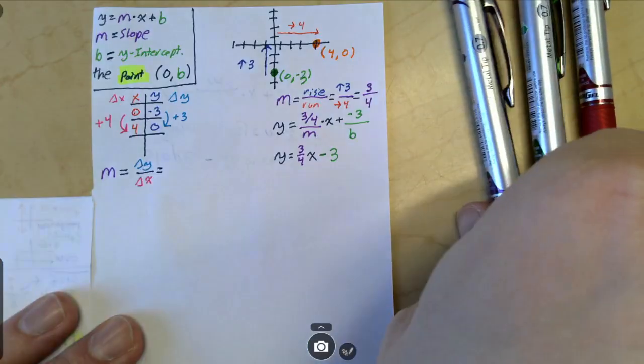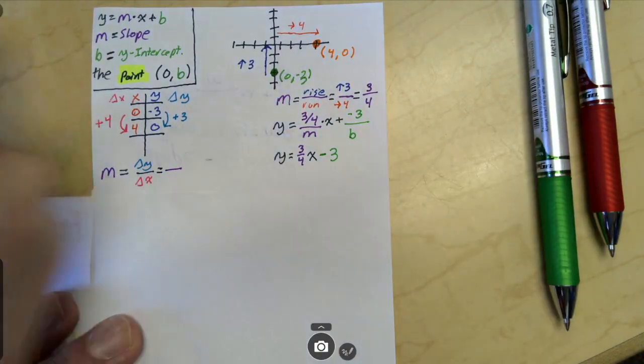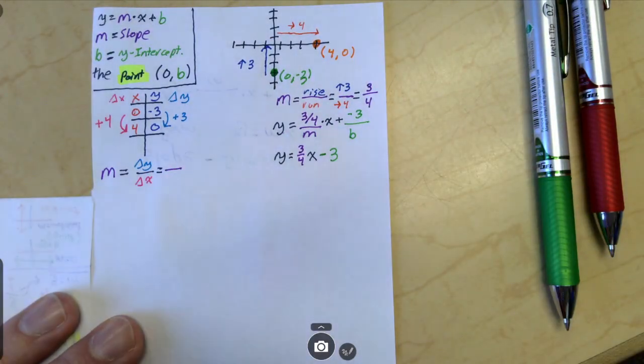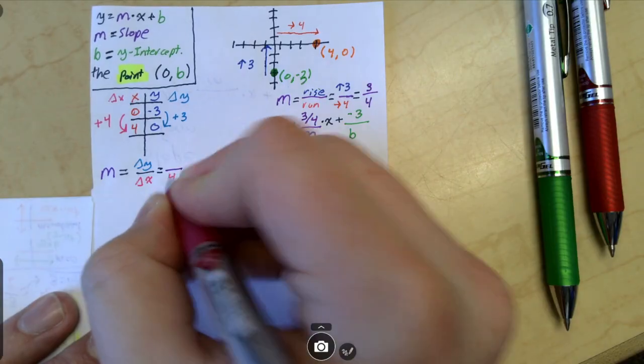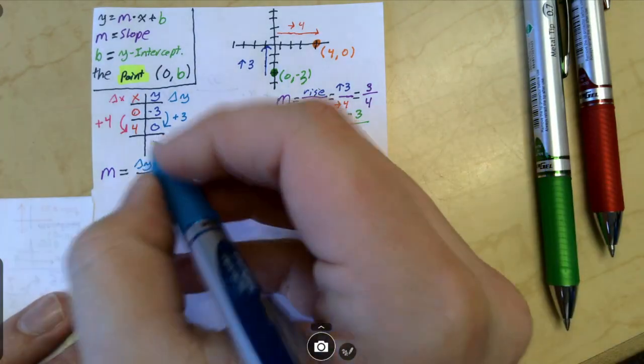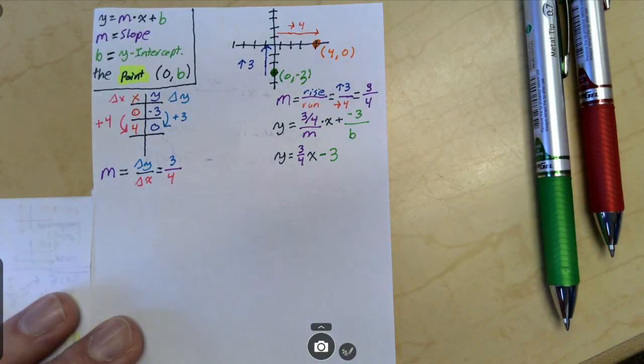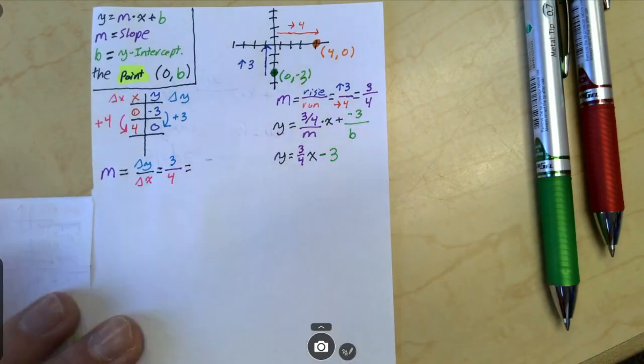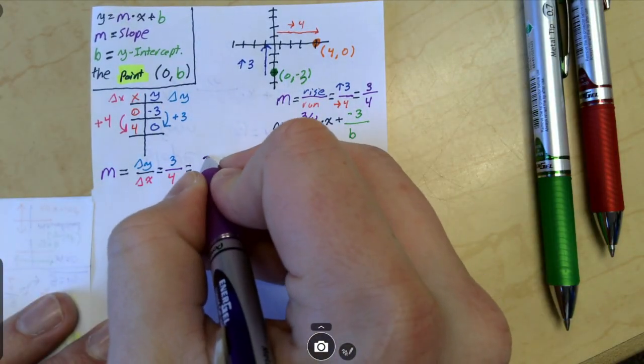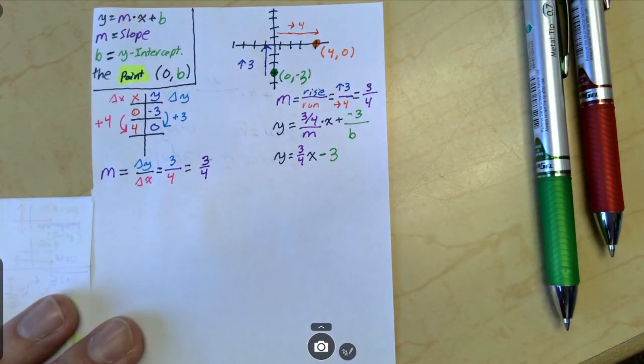Which gives us positive 4 on the bottom, positive 3 on top, which gives us a slope of 3 over 4.